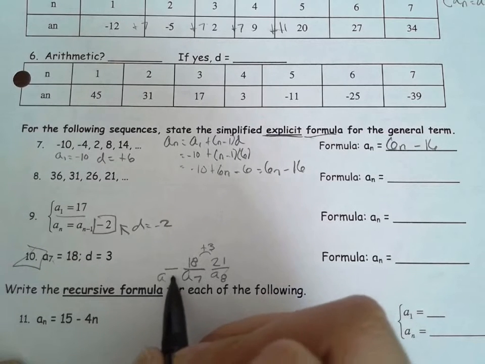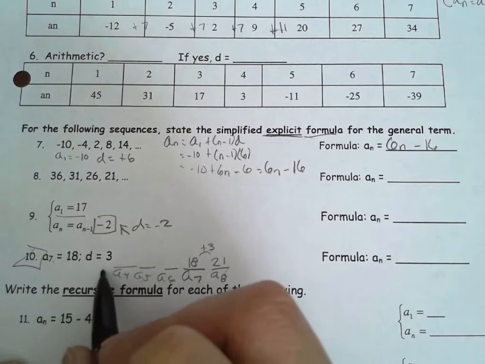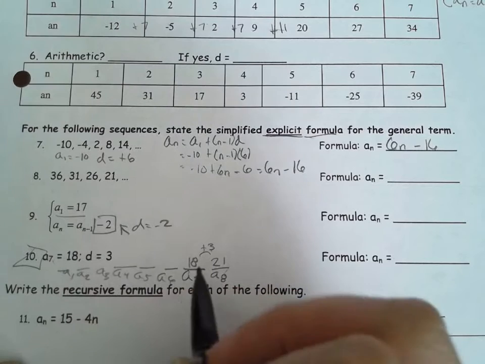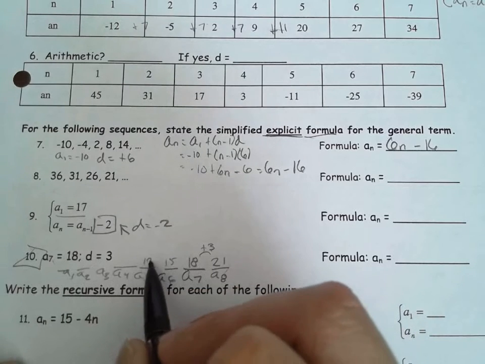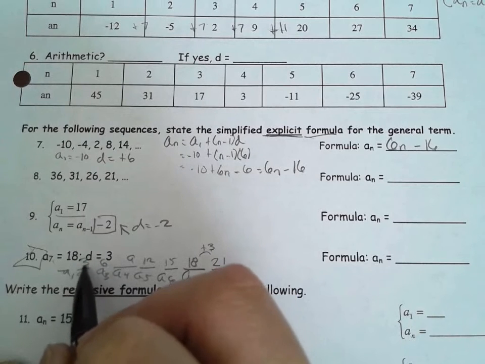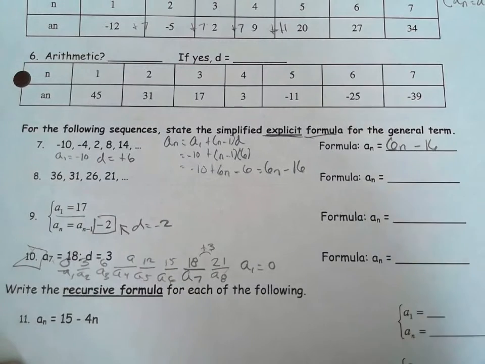So if it takes you writing it out like this, then that's fine. 15, 12, 9, 6, 3, 0, so A_1 is 0.